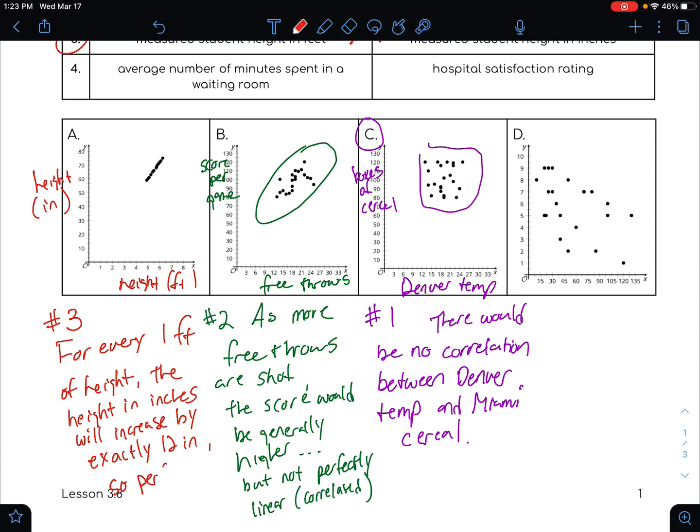So perfectly linear, strong correlation. Something like that. A little explanation there.